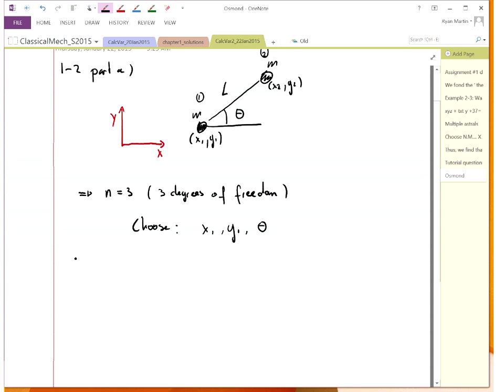All right, so the transformation equations: for x1 it's trivial because x1 is x1. y1 similarly. x2, if we look at our diagram, x2 is equal to x1 plus L cos theta.